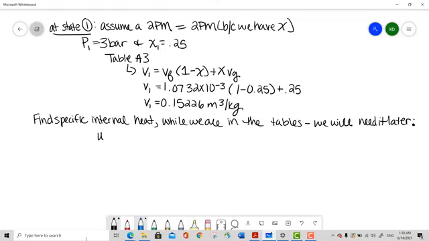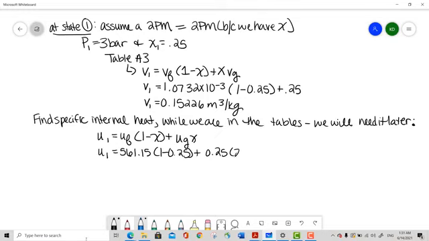Okay, so U1 equals UF (1 minus X) plus X UG, this is a formula. U1 equals 561.15 times 0.75 plus 0.25 times 2543.6. U1 equals 1056.76 kilojoules per kilogram.